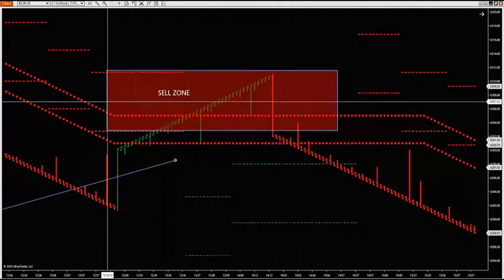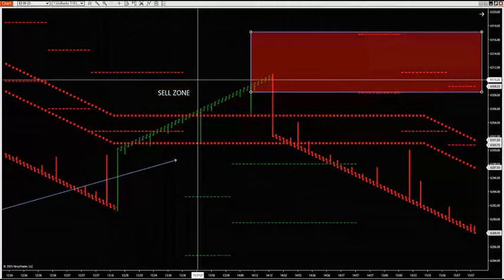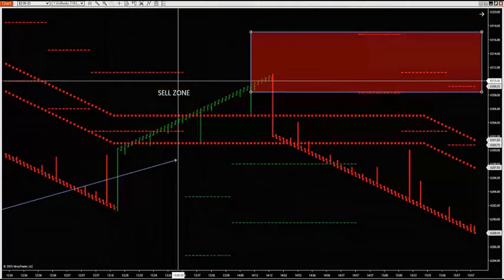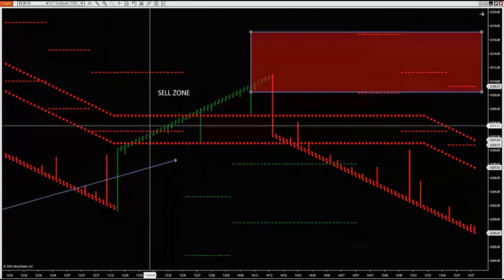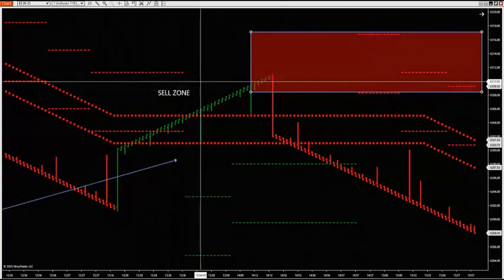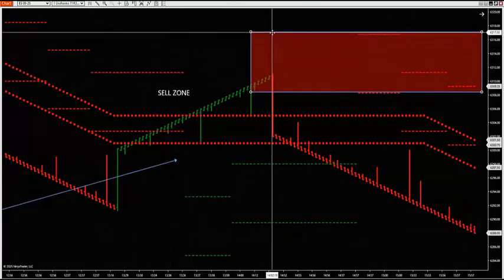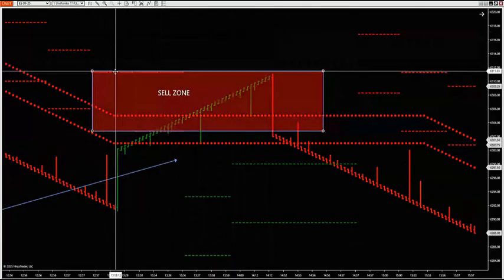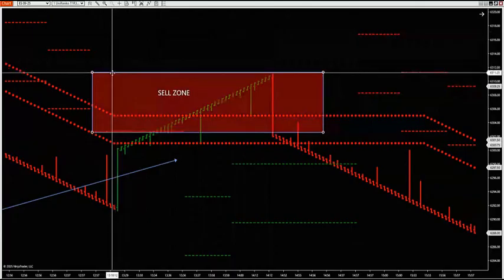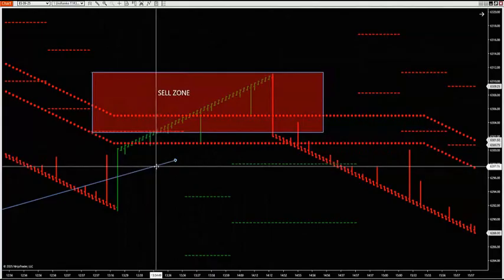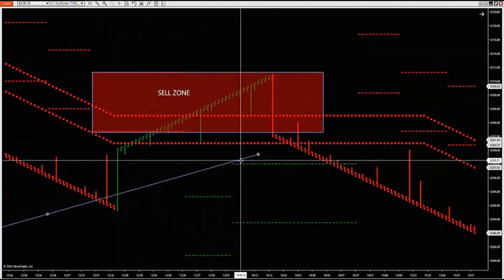Now look how important the sell zone is. Right there's the high of the zone, low of the zone. We get inside of it right here. It never closes outside the zone if you look at it. It got up to it, almost touched it, doesn't close outside of it, so it's a valid sell zone going forward. The market loves to reverse inside of these zones, especially our standard zone with trend.